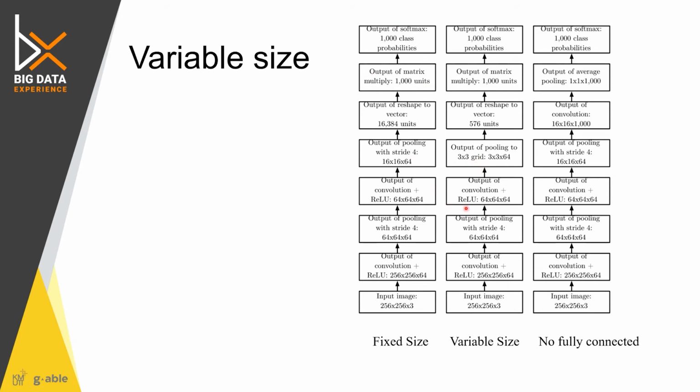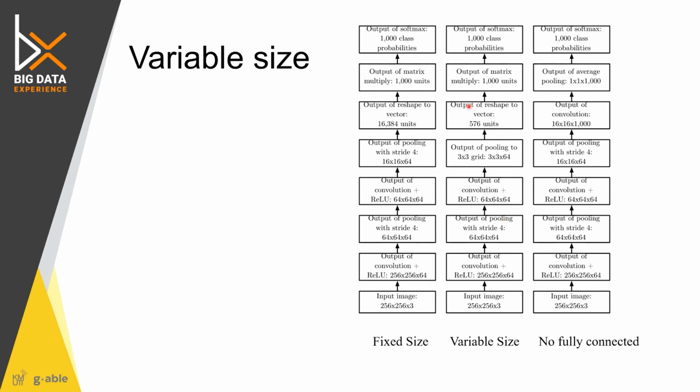You compute the convolution down so that the output of pooling would be reshaped into a smaller vector here, because everything would be pooled down into just a 3 by 3 grid at this point, compared to the first one, where you reduce it by the stride of 4.